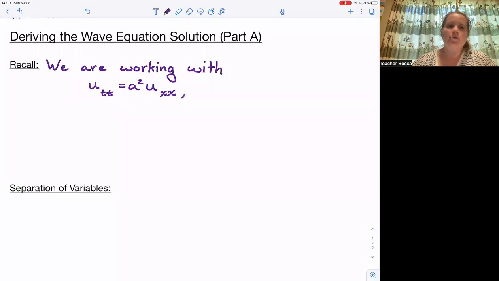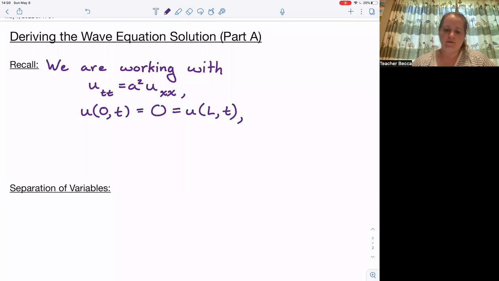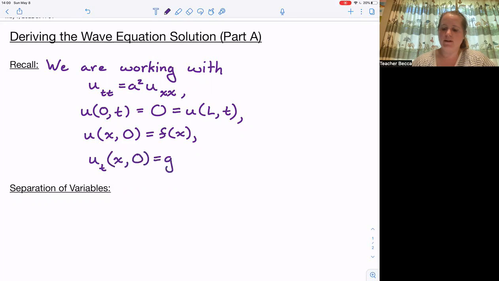We also have the boundary conditions: u of 0,t is equal to 0, which is equal to u of L,t. And then finally, we have u of x,0 is f of x, and the first partial with respect to t of u evaluated at x,0 is equal to g of x.